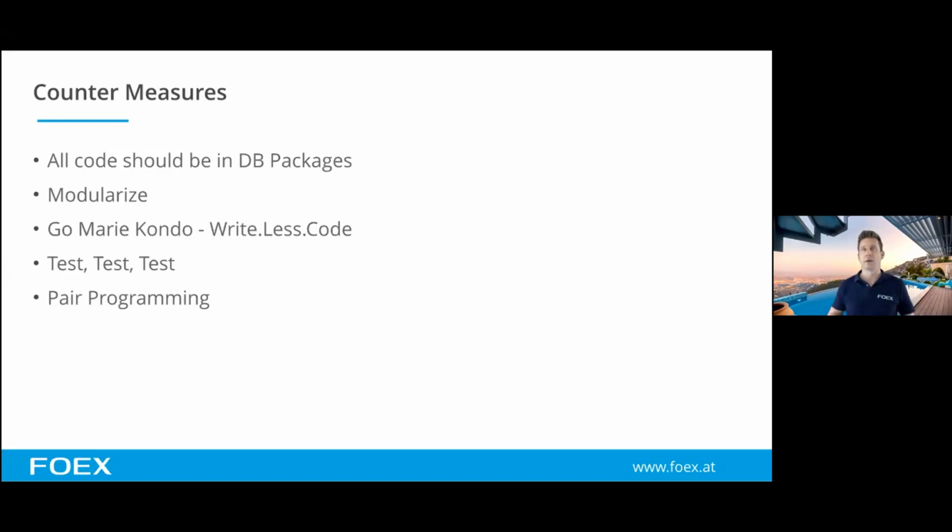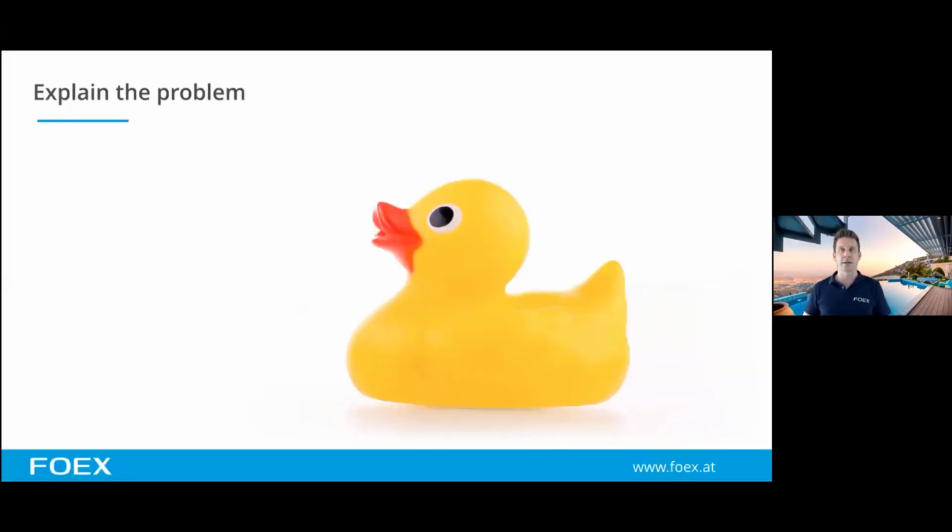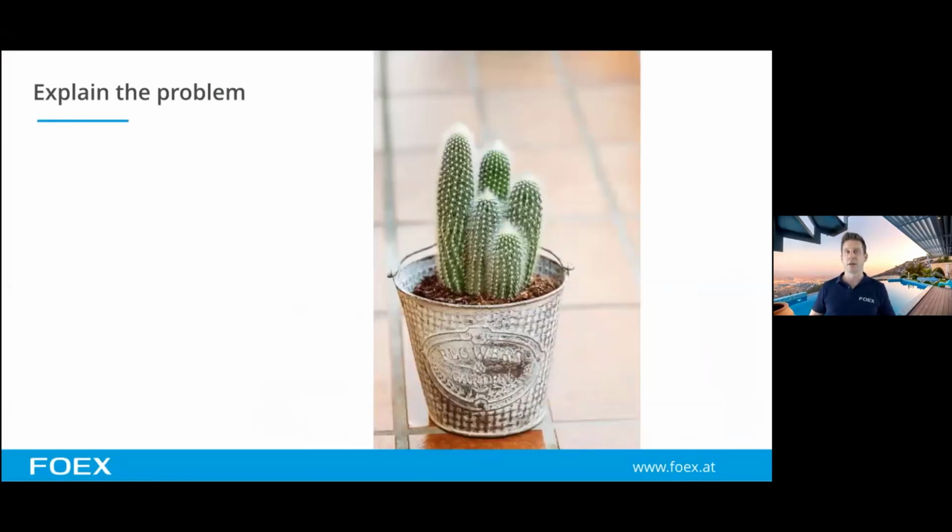So if you want to start debugging, explain your problem. And Philip also mentioned that. It's the good old rubber duck. If you don't want to harass your duck, you can take a plant, whatever. You could also talk to your colleagues, but that's actually interrupting them from their work.